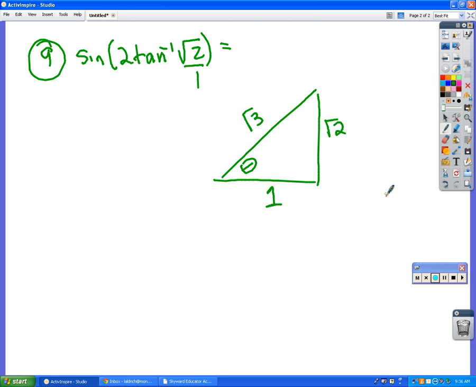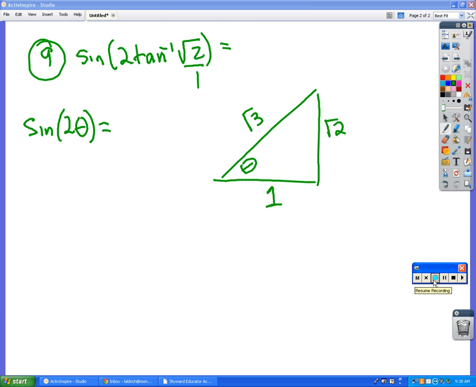Okay, so we need to figure out the sine of this angle, which would be what? Root 2 over root 3, the sine is opposite over hypotenuse. I think we have to divide it by 2. No, I think you times it by 2.